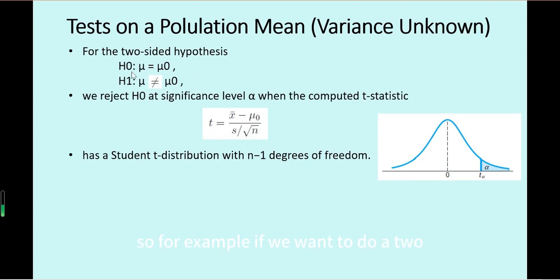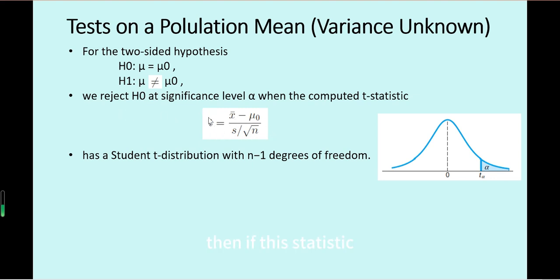For example, if we want to do a two-sided hypothesis test, the null hypothesis H0 is that we assume the population mean equals mu 0. And the alternative hypothesis is that the population mean mu is not equal to mu 0. Then we get this test statistic.